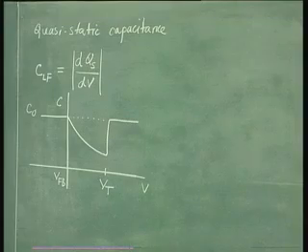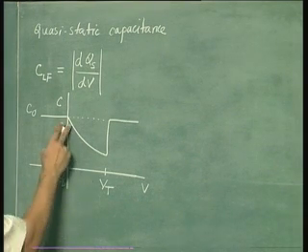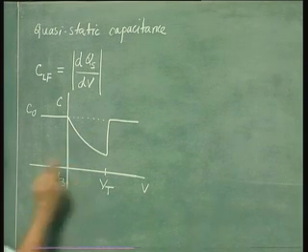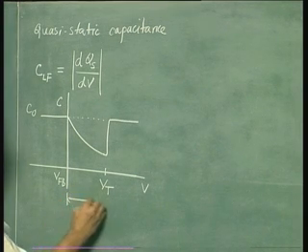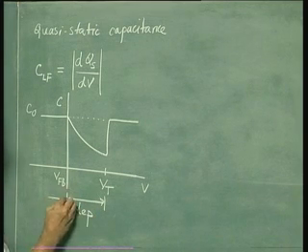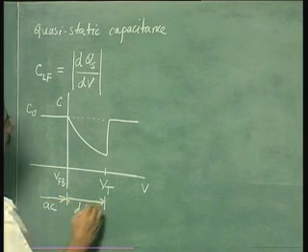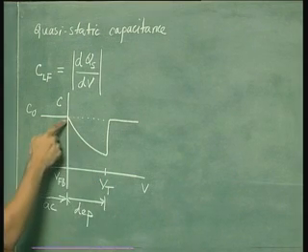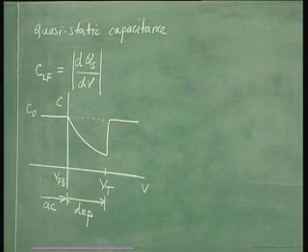Now, when you move into the depletion region, this is the depletion region between VFB and VT, and this is the accumulation. When you move to the depletion region, you find the capacitance is falling. Now, what is the reason? The reason is as follows.